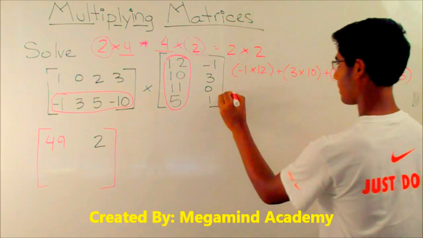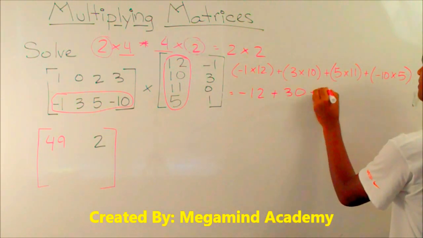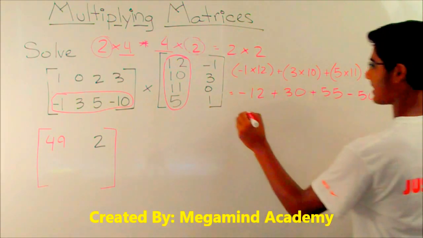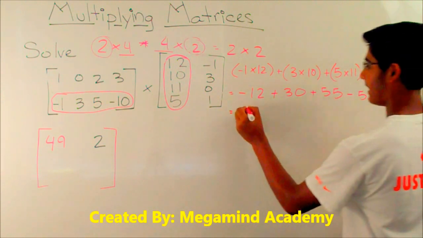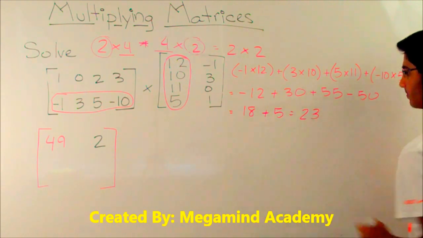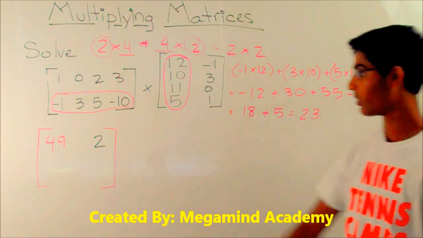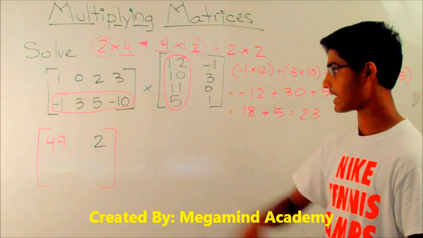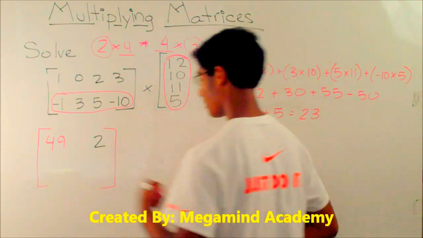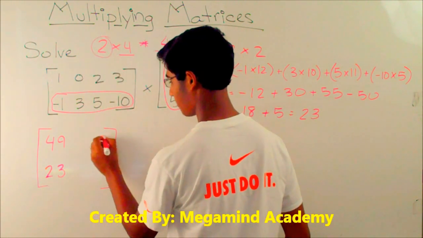So we get negative 12 plus 30 plus 55 minus 50. This simplifies down to 18 plus 5, or 23. What place does this go in our matrix? We know it's the second row, first column, which is this section here. So 23 goes here. And let's just put this in red too.